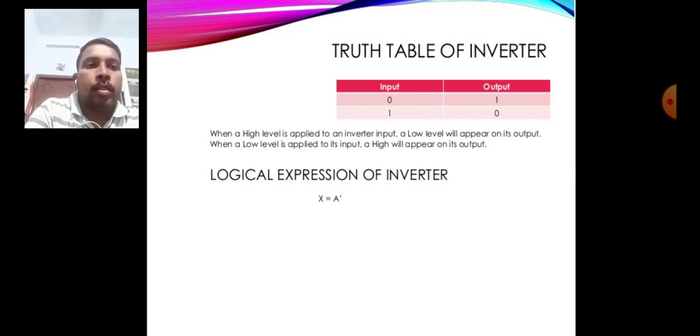The input 0, that means low, gives the output high, that means 1. Let us take the input high, that is 1; now the output is low, that is 0. This is the logical expression of the inverter: X is equal to A dash.